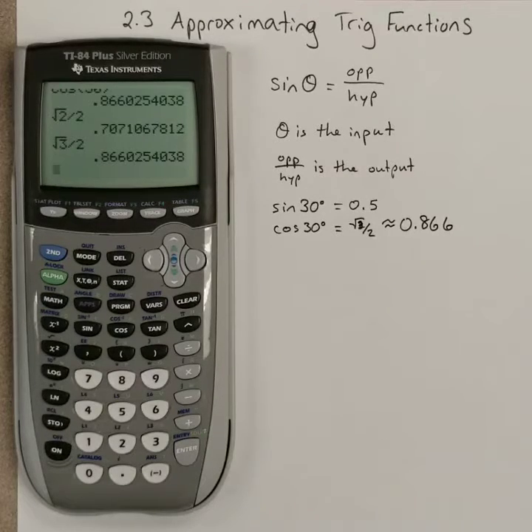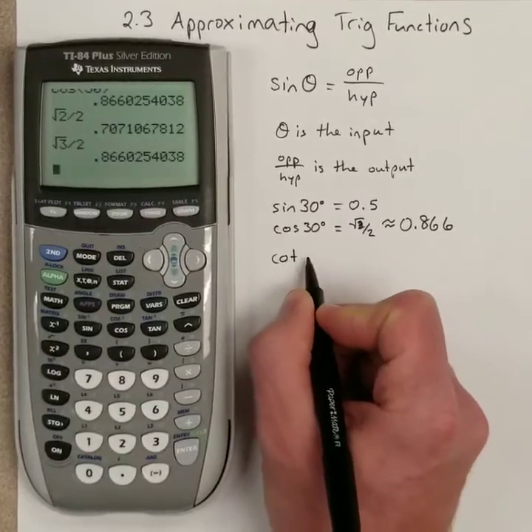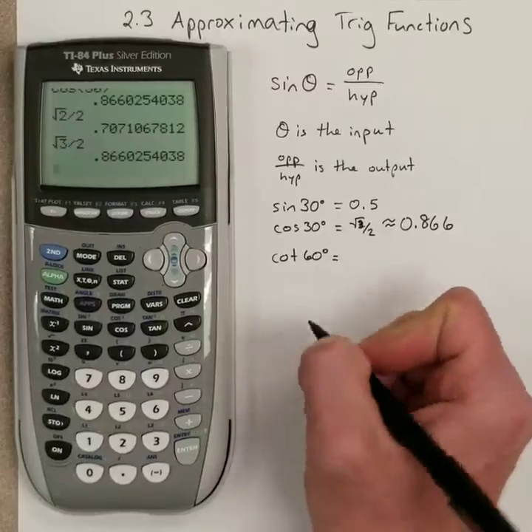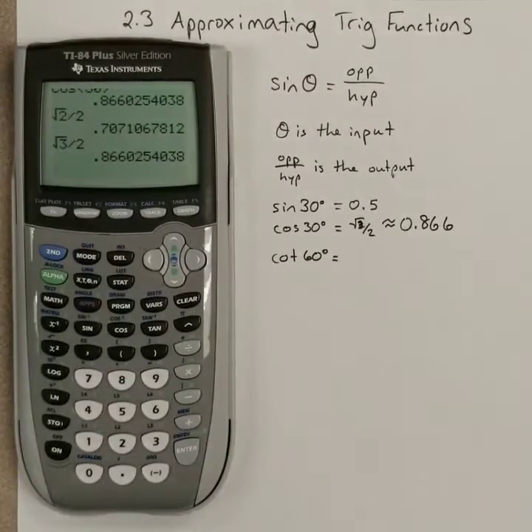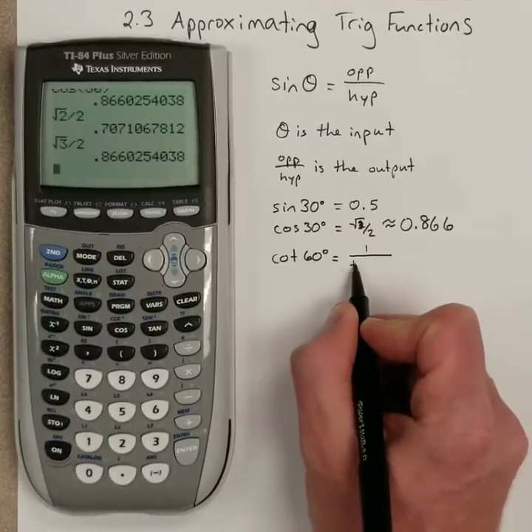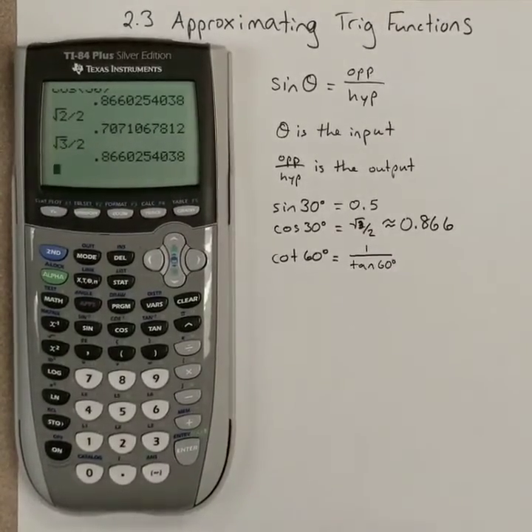And so if I wanted to calculate something like the cotangent of, let's say, 60 degrees, the cotangent of 60 degrees is actually equal to 1 over the tangent of 60 degrees. You guys will recall that the cotangent and the tangent are reciprocals of each other.